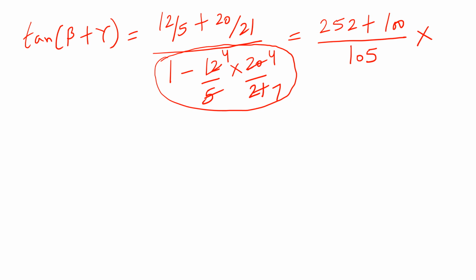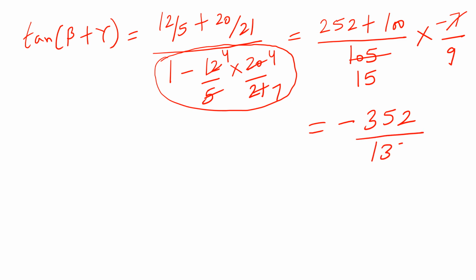So this is minus 9 upon 7, and here it becomes minus 7 upon 9. So 7 cancels with 105. It becomes 15. And this is finally minus 352 divided upon 135. So that means the value of 135 into tan beta plus gamma is equal to minus 352.